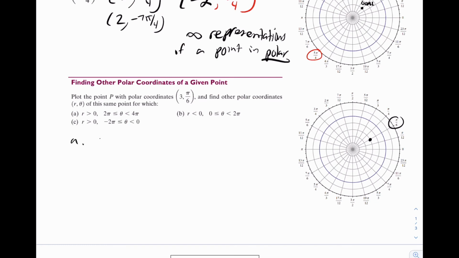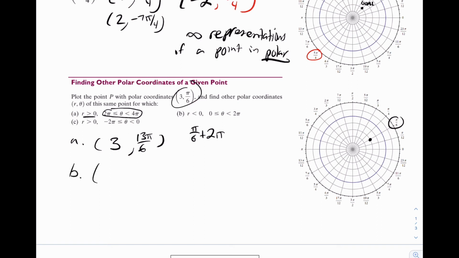For A, it says r must be positive. So just keep r the same, 3. But theta is between 2 pi and 4 pi. So let's take pi over 6 and add 2 pi to it. Just add 1 rotation. That'd be 13 pi over 6. Again, that's another representation of this point.